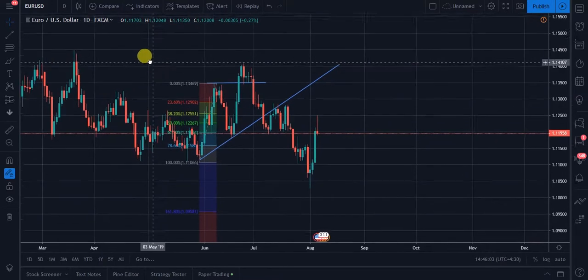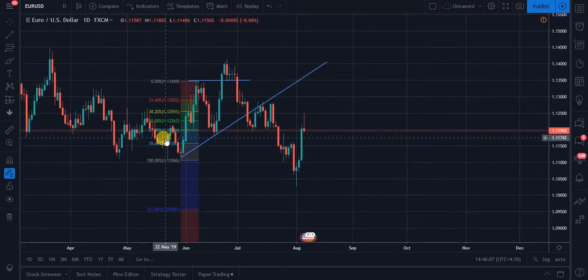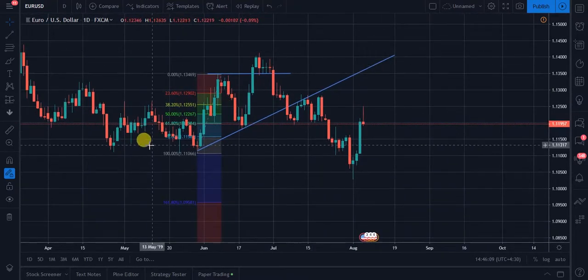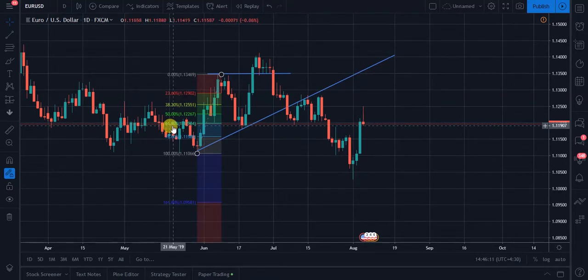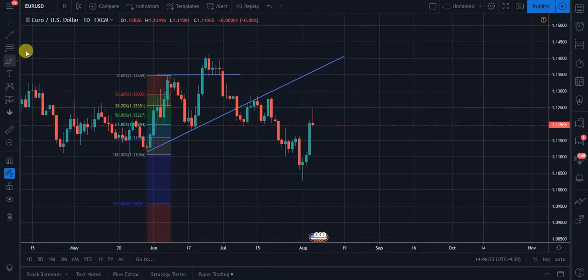As I said before, these numbers are the gold numbers in Fibonacci. So these are 61.8% and 78.6%. Just remember these two levels are a very good area.